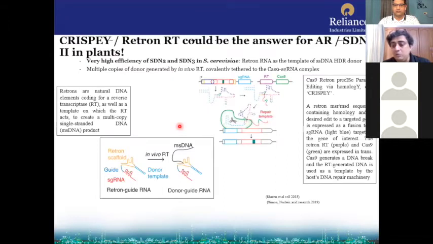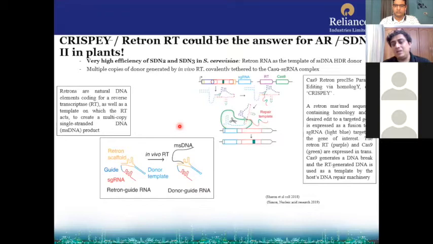Also, people have used CRISPEY. It's a new technology called Retron. So people use Retron. What is Retron? Retrons are natural DNA elements coding for a reverse transcriptase as well as a template on which the RT acts to create a multi-copy single-stranded DNA. So how was this used? The retron is fused with gRNA. So now you have a Cas9 and gRNA and then you attach a retron, which is basically a template and an RT enzyme.